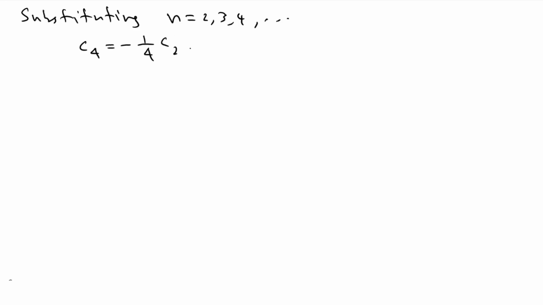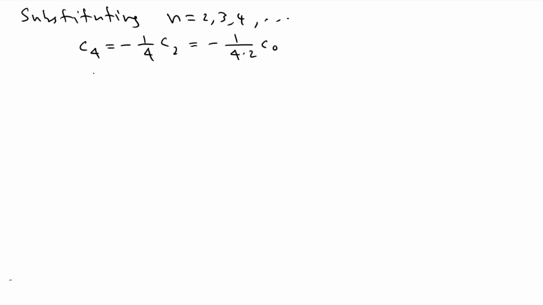Good. Substituting n equal 2, 3, 4, like that, we get c4, which is negative 1/4 c2, and c2 is 1/2 c0, so you're going to get that.